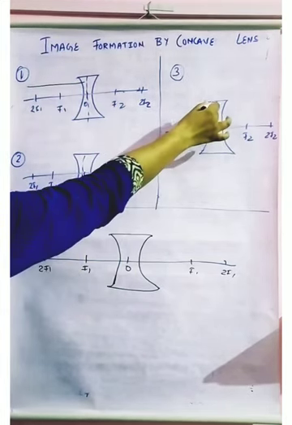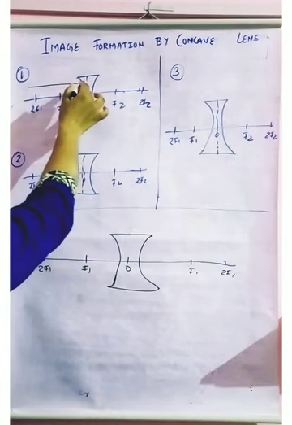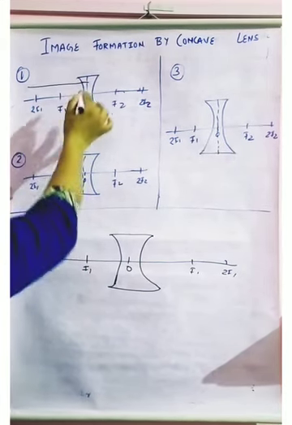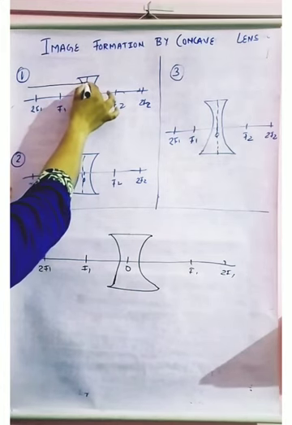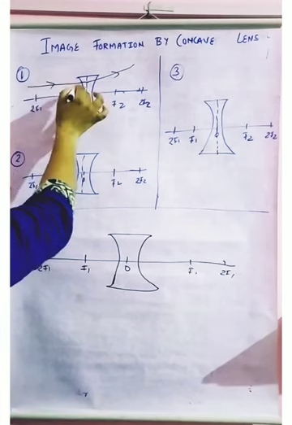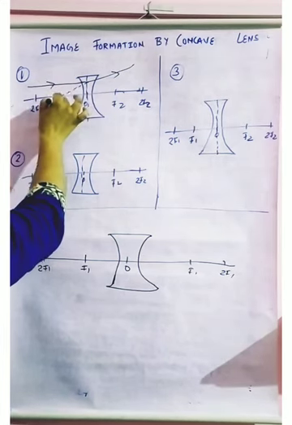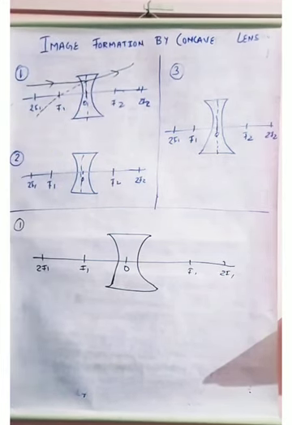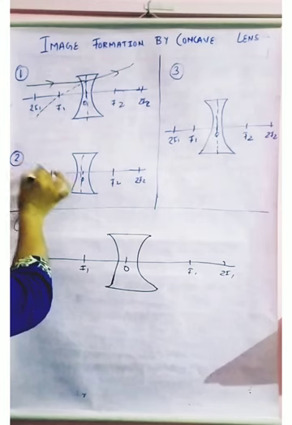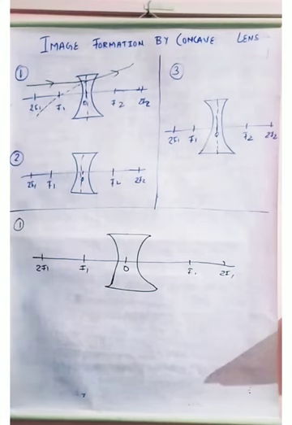When the ray moves parallel to the principal axis, it will pass from focus, but as it is a concave lens, it will get diverged. We will extrapolate it backward and the ray will pass from focus. Understood?